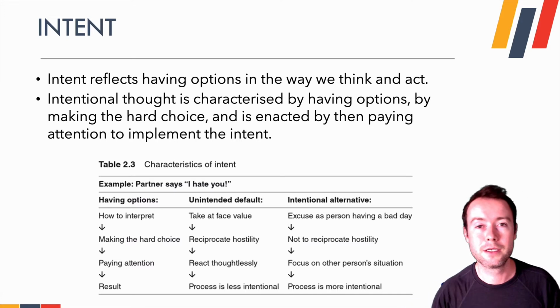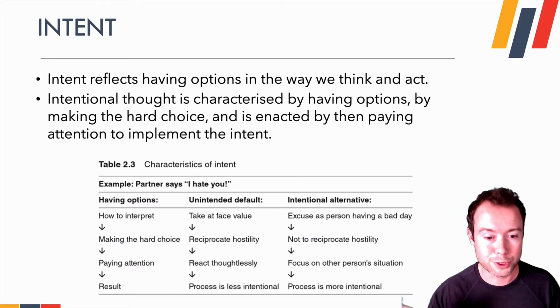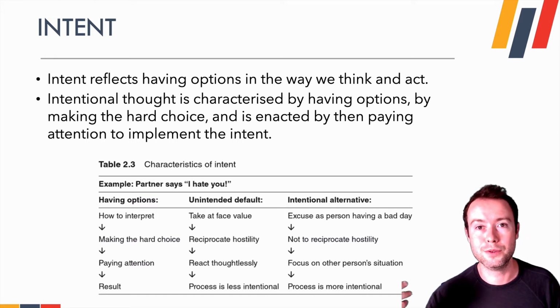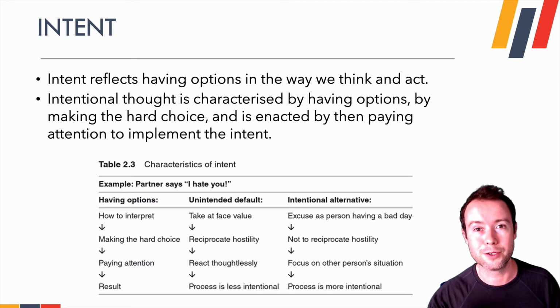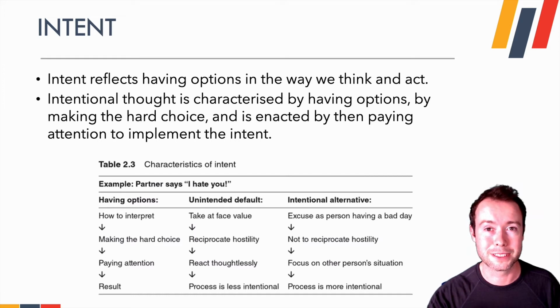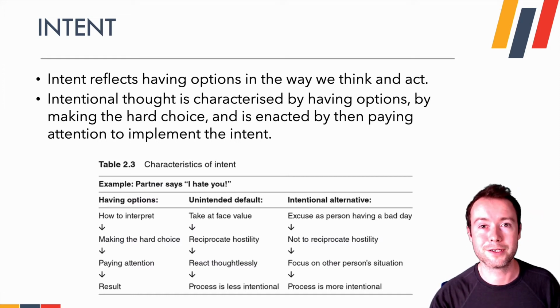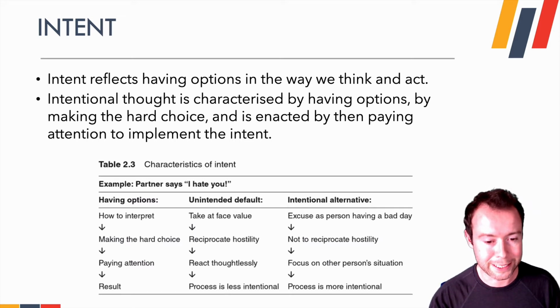On the other hand, at each of those stages, we could take a more intentional approach. So an alternative option would be to excuse the person. So when we're hearing them say, I hate you, rather than take this at face value, we see it within a context or particular circumstances, that maybe they're having a bad day. There's some other factor that's accounting for why they're saying this to you, and they don't genuinely hate you.